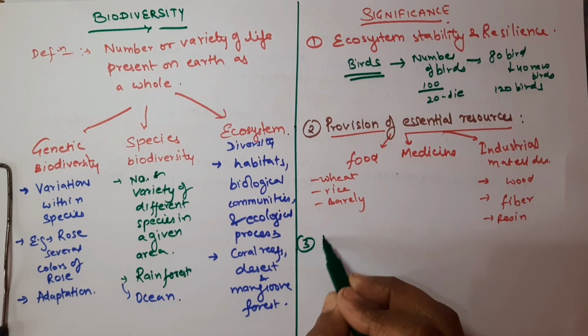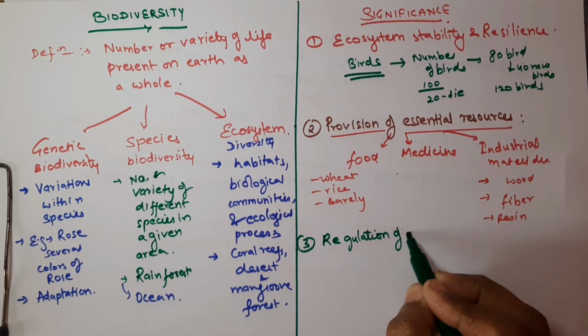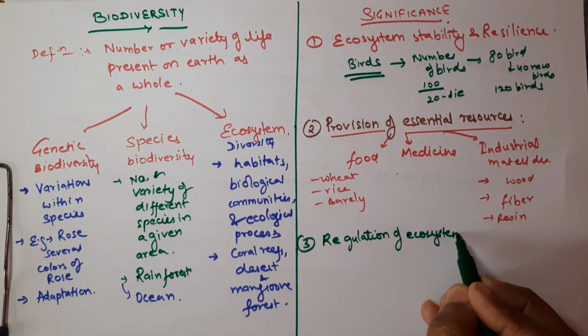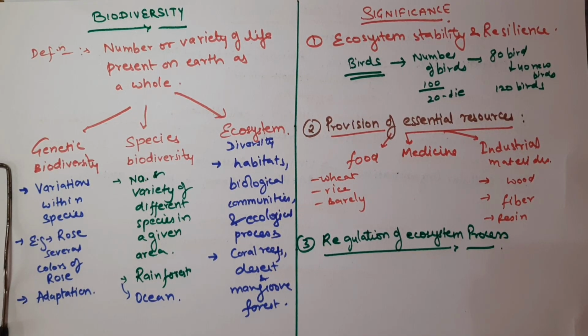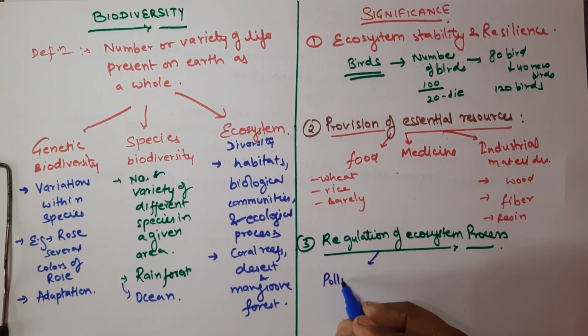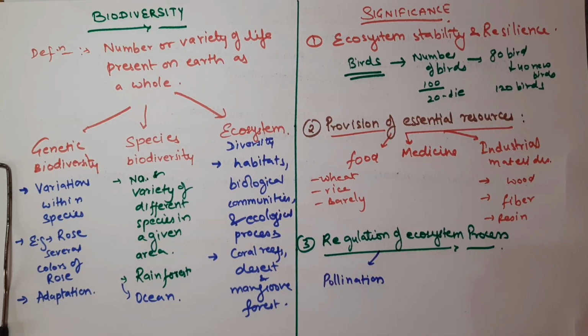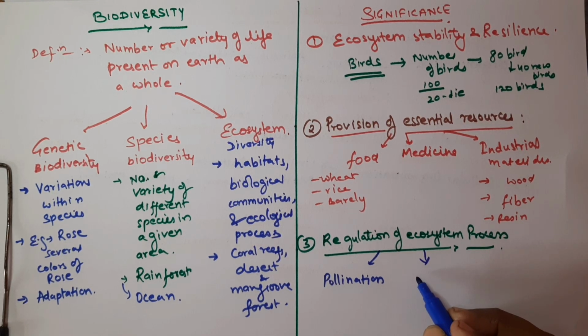The third is the regulation of ecosystem processes. Diversity helps in the regulation of several processes. For example, pollination: diverse kinds of bees, butterflies and other pollinators are essential for the reproduction of plants, including food crops. So it is very important that diversity plays a role in the regulation of ecosystem processes.